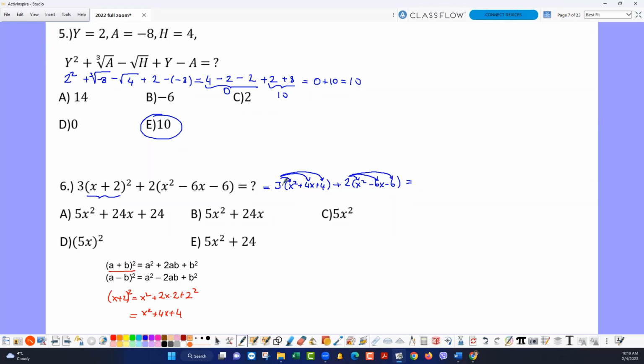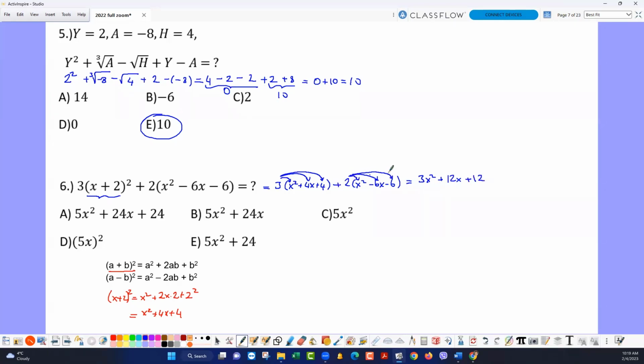What is written in front of the parenthesis should be multiplied by all the terms inside. So 3 times x squared is 3x squared. Then 3 times 4x, which is equal to 12x. And 3 times 4 is equal to 12.